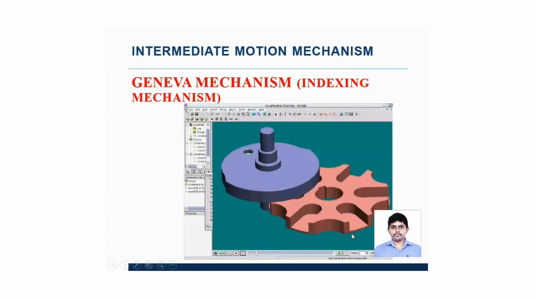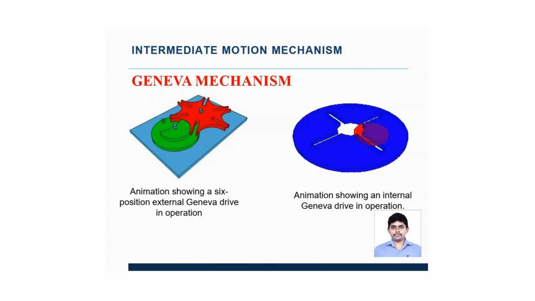Hence the intermittent motion is achieved with the help of these slots in the Geneva mechanism. Here I am showing an animation video of how we can make this intermittent motion using mechanisms and also by shapes.